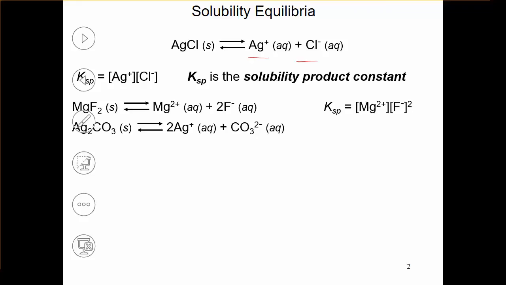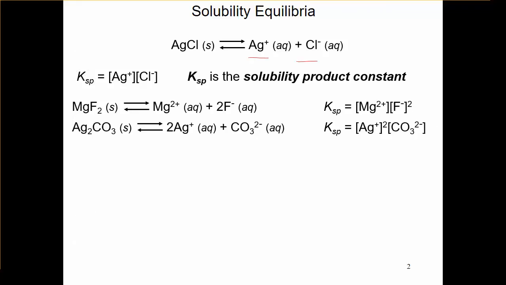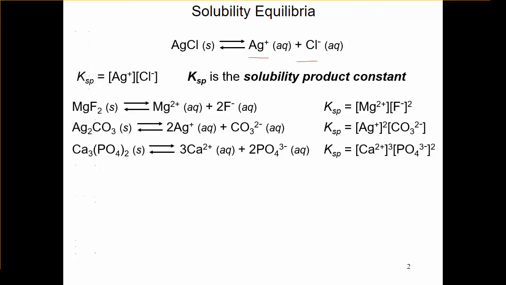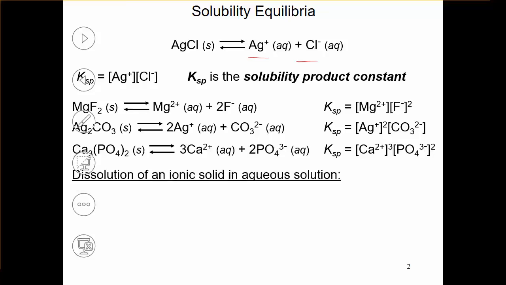Here for silver carbonate, all right, I have 2 silvers, so that's silver squared and 1 carbonate. Here I have calcium phosphate. Okay, I have 3 calciums and 2 phosphates. So Ca3, PO4, 3 minus squared. Okay? All right.